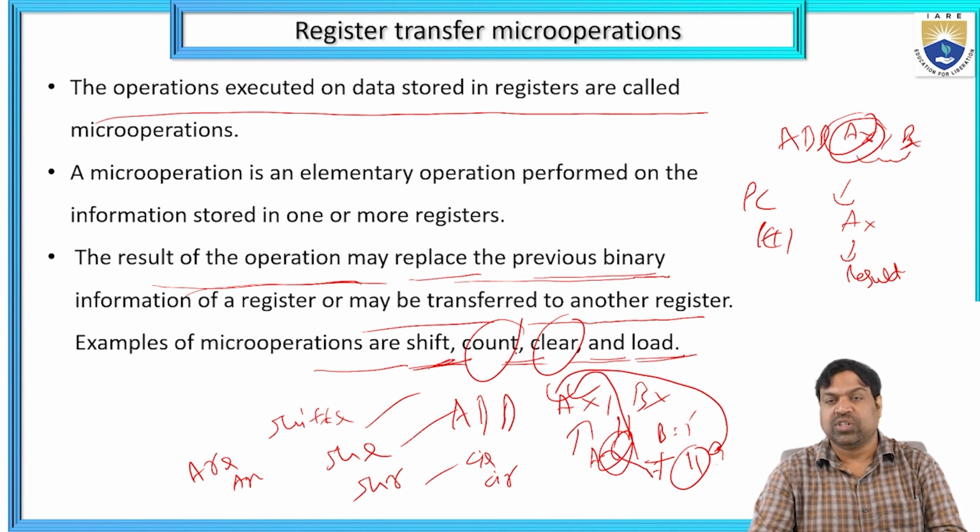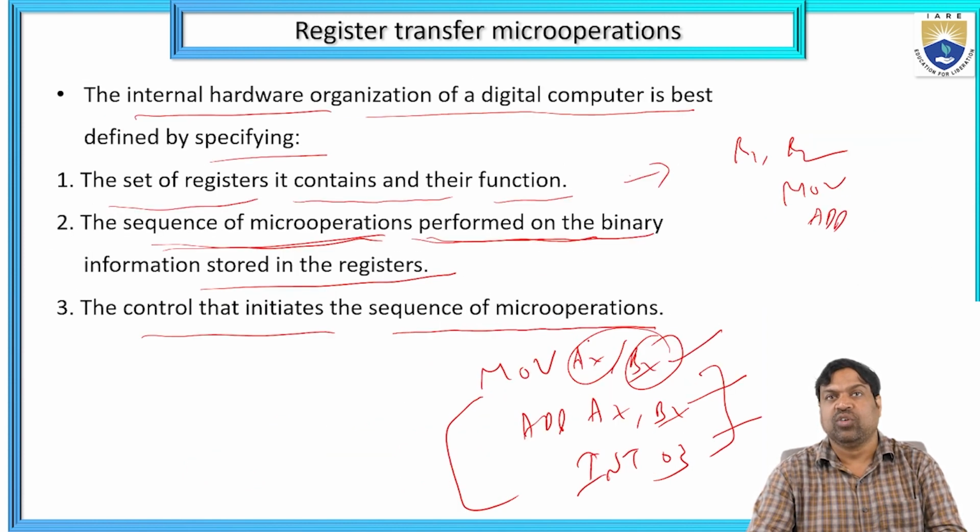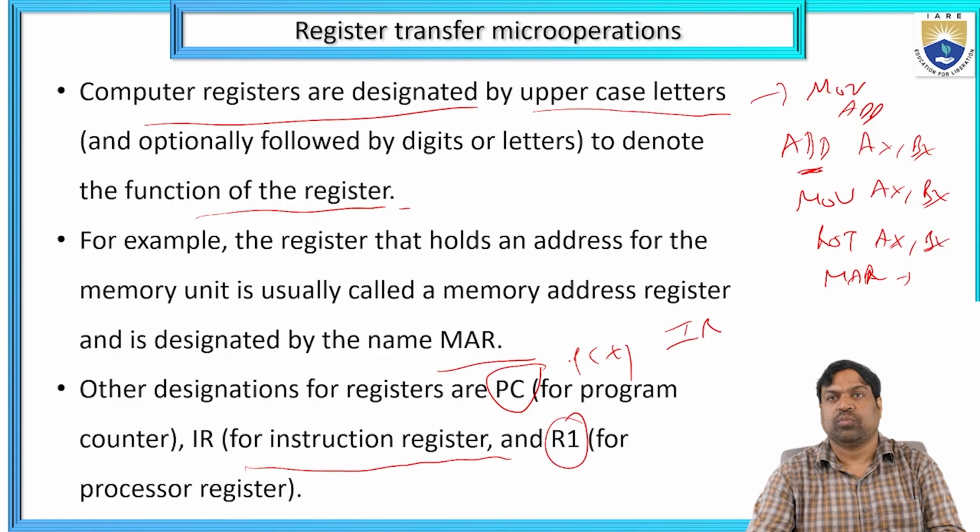The operations performed are shift, count, clear and load. A digital computer is best defined by its internal hardware organization: first, the set of registers it contains and their function; the sequence of micro operations performed on the binary information stored in the registers; and the control that initiates the sequence of micro operations.